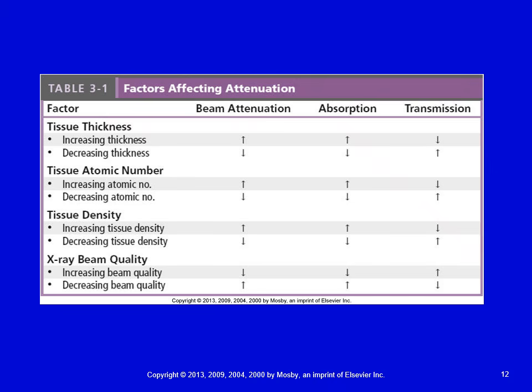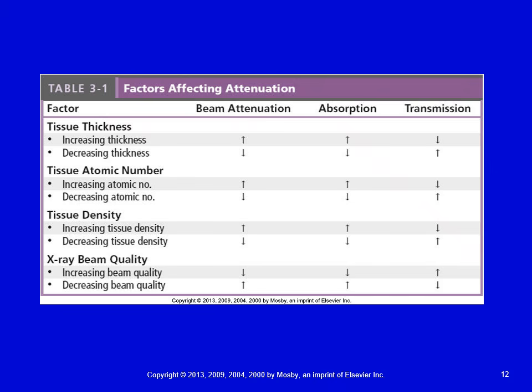Looking at tissue thickness first, if we have a thicker body part, that's what is meant by increasing thickness, then beam attenuation will increase, meaning a lot more of the X-rays that go in will be absorbed, so to speak. Absorption increases, so we can look at attenuation and absorption in the same category.